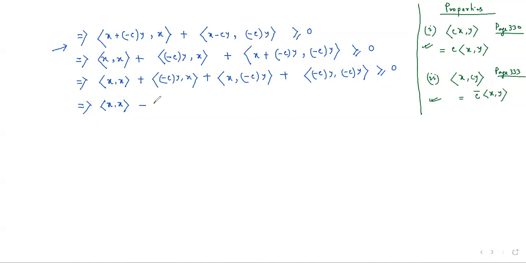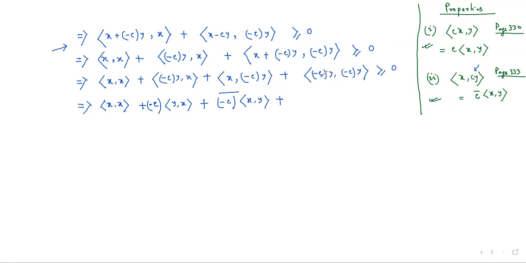So we are just writing minus c comes out and multiplied by the inner product of y comma x. And when the scalar quantity is getting multiplied by the second component and it comes out, we have to take the complex conjugation. So when minus c comes out, we are going to take the complex conjugate of that, times x comma y.